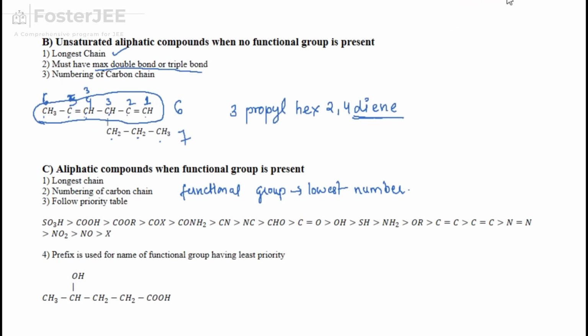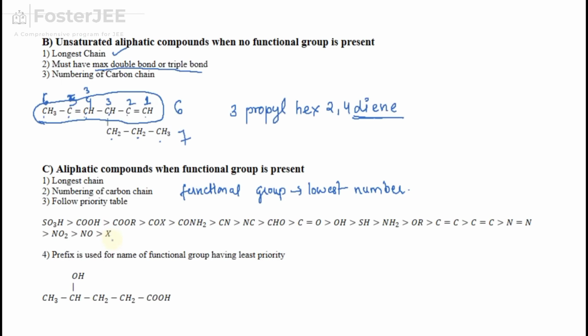Here we can see that sulfonic acid has higher priority than carboxylic acid, which is greater than ester and acid chloride or acid halide, then amide, cyanide, isocyanide, aldehyde, ketone, alcohol, thiol, then amine, then ether, then double bond, triple bond, azide, nitro group, nitroso group, and halides group.